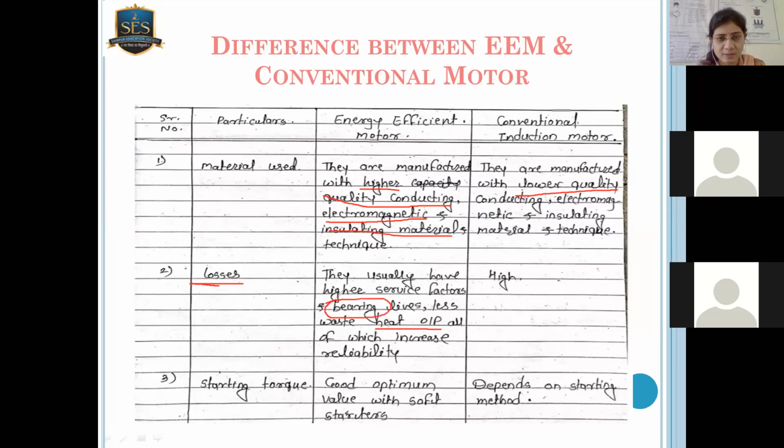The servicing factor, or the need for servicing, is lower in this type of motors. After that, the heat output is less, therefore the operation of this motor is more reliable, or it increases the reliability of this motor. So we can say the losses for this type of motors are less than the losses in the conventional motors.